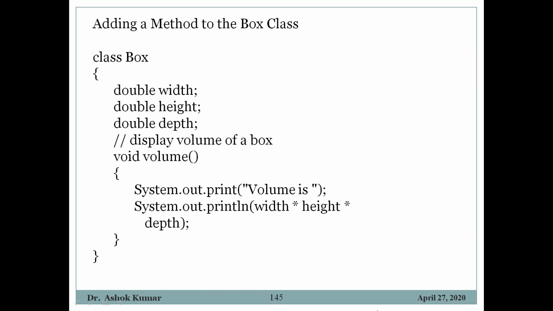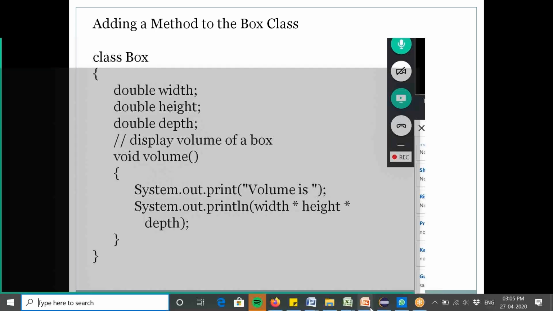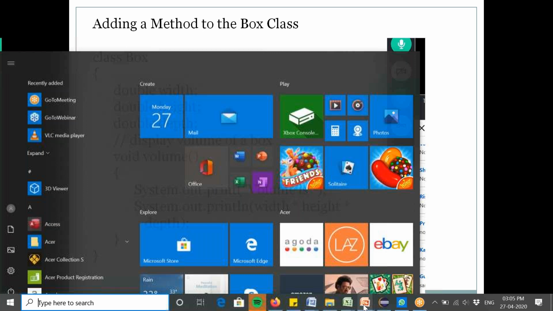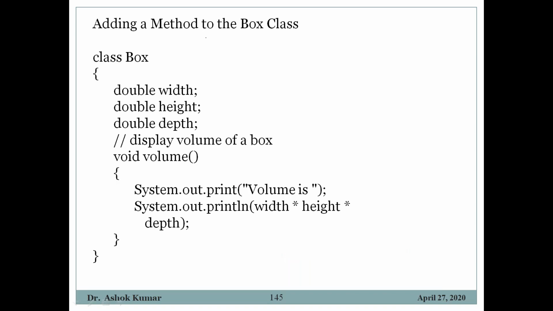This is the slide about the methods that we will use in the class. In this class Box, we have used one method, volume, to find the volume of the box, right? The instance variables are the same.